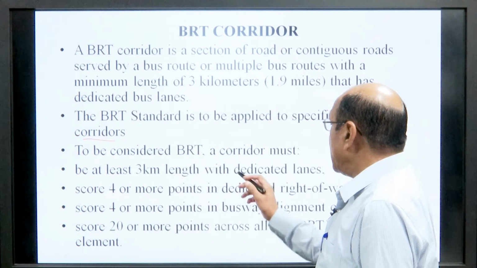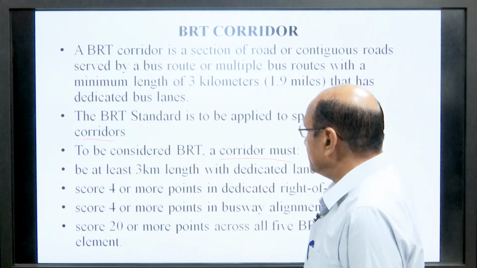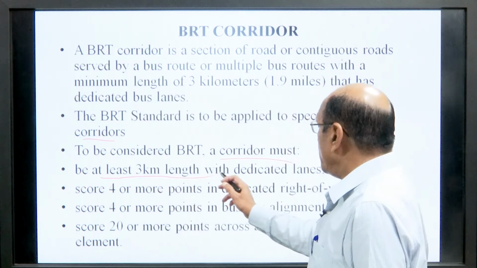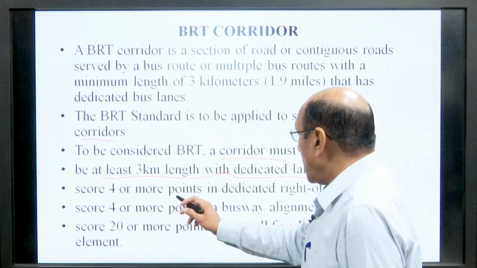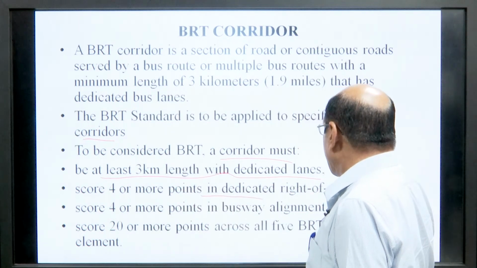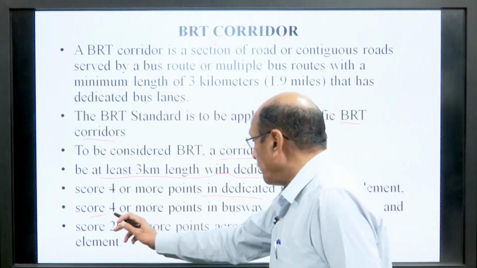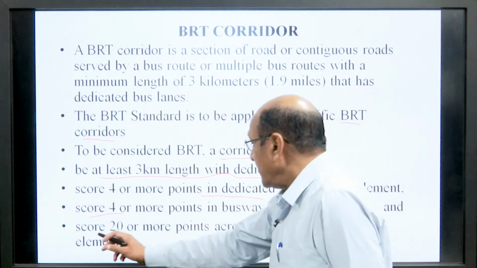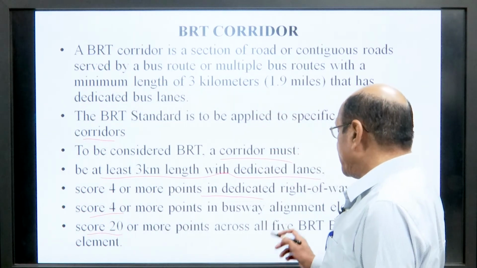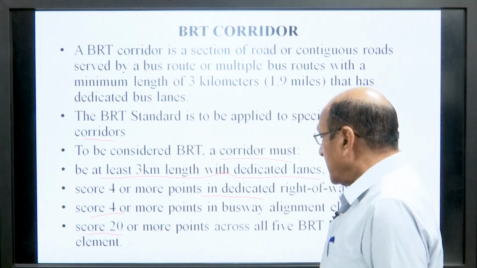To be considered BRT, a corridor must be at least 3 kilometers in length with dedicated lanes, score 4 or more points in dedicated right of way elements, score 4 or more points in bus alignment elements, and score 20 or more points across all 5 BRT basic elements.